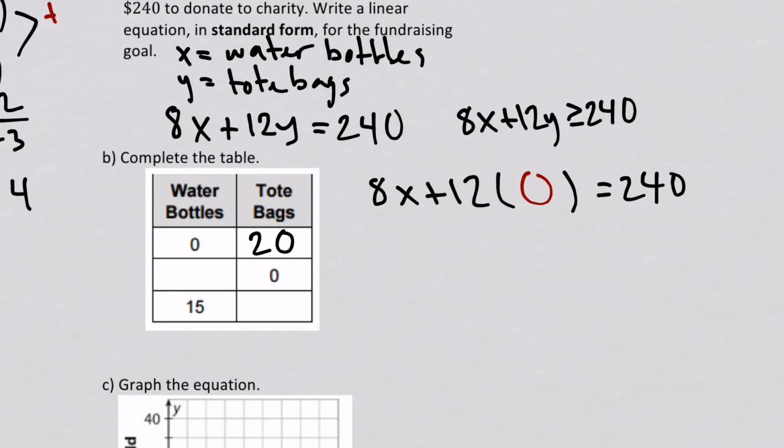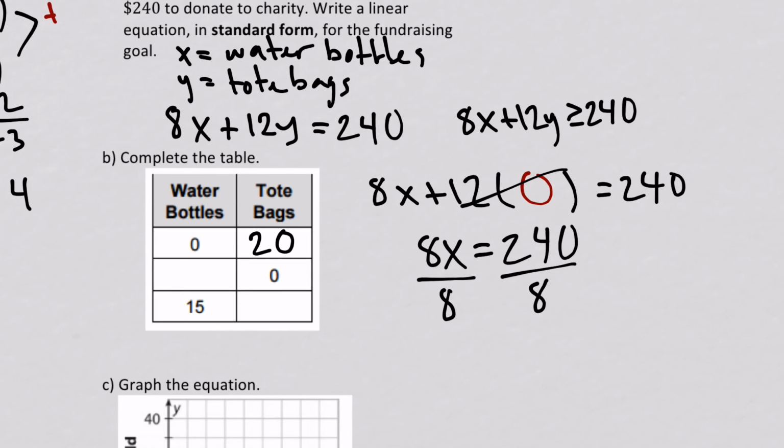So 12 times 0 is 0. So all you have is 8x, right? This cancels out. 8x is equal to 240. Divide by 8. And so x is going to be equal to 30.